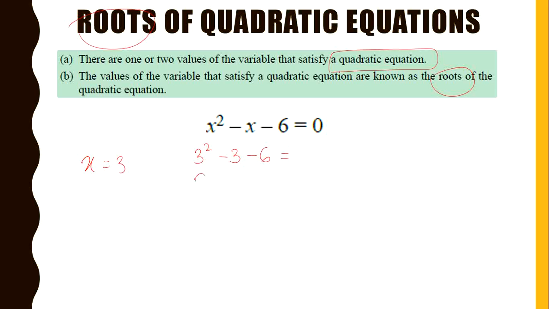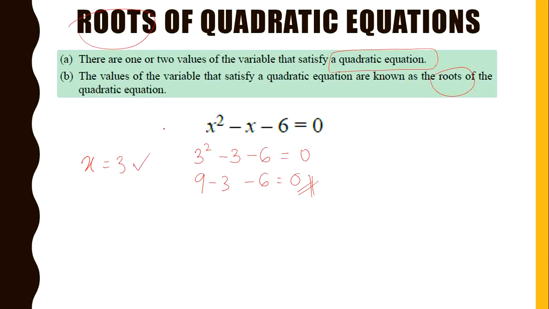So 3 square will be 9 minus 3 is 6. 6 minus 6 is 0. Okay, so kalau kita dah kira yang belah left hand side ni, lepas tu kita dapat jawapan yang betul on the right hand side. So nilai ataupun value yang kita masukkan tu adalah betul. That means itu adalah dia punya root. Okay, jadi kita tahu from this quadratic equation, the first root is x equals to 3.